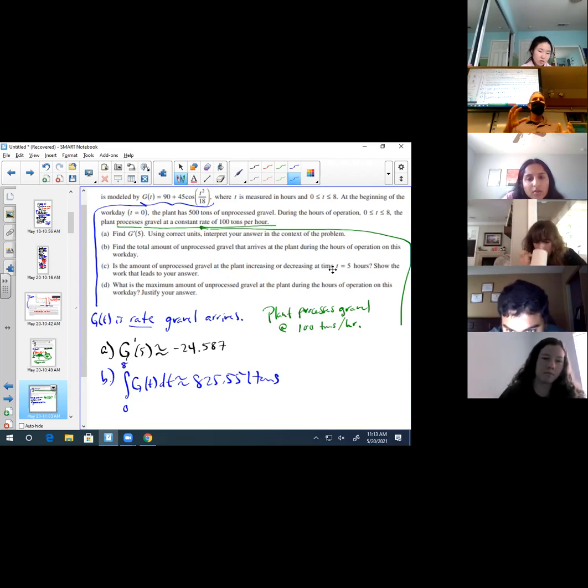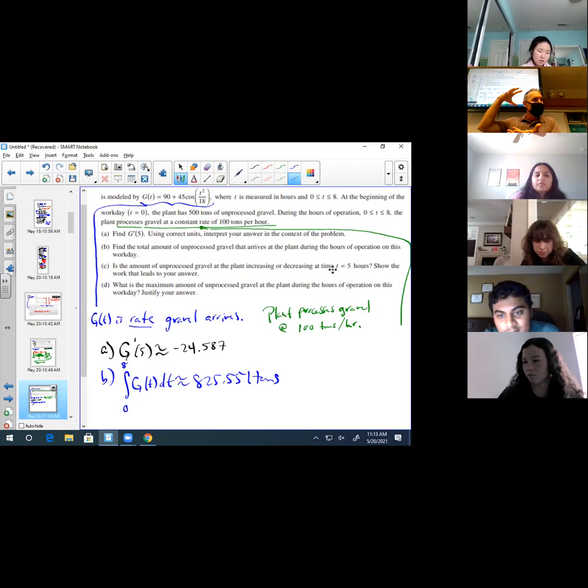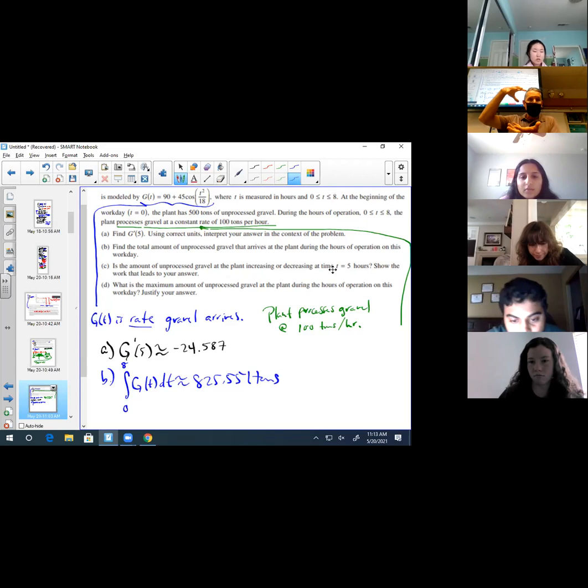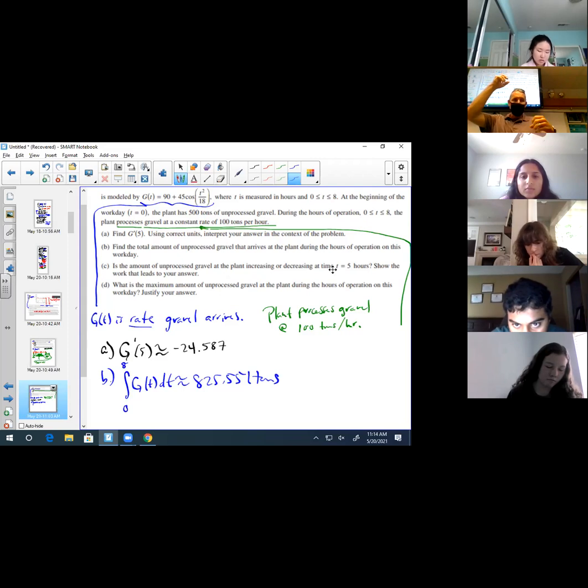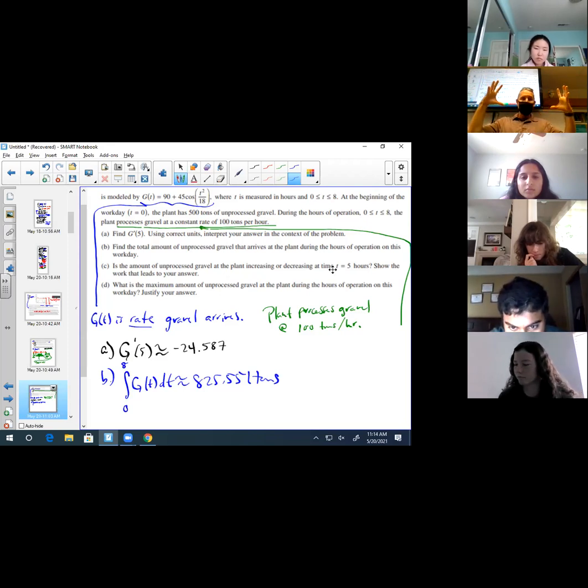So it's the rate at which the total amount of gravel at the plant is changing, right? Does that make sense? You have a certain amount of gravel at the plant. We started with 500 tons, but then there's a rate that it's coming in and a rate that it's exiting, being processed. So if G of t is greater than 100, then that total amount of gravel at the plant is increasing.